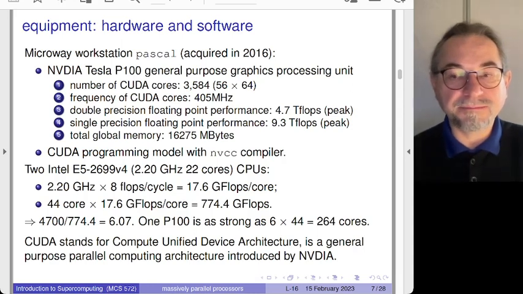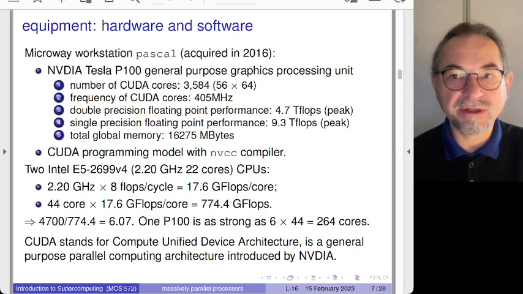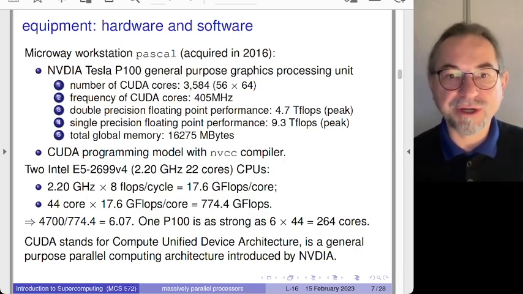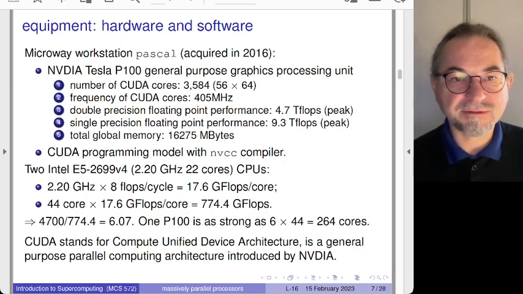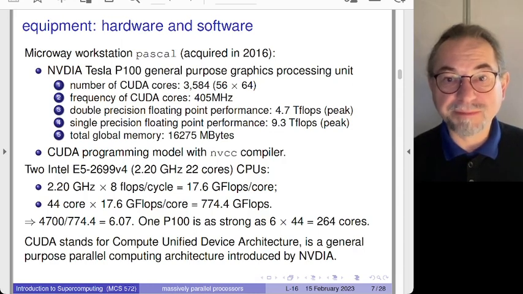All right. So our extreme supercomputer at UIC has several nodes with Pascal GPUs, which are not accessible for educational use, but I have on my office desk a micro workstation with Pascal P100 GPU. The double precision floating point performance is 4.7 teraflops.